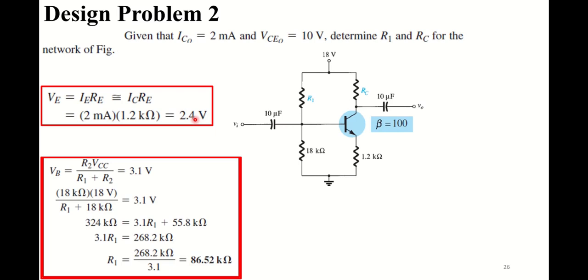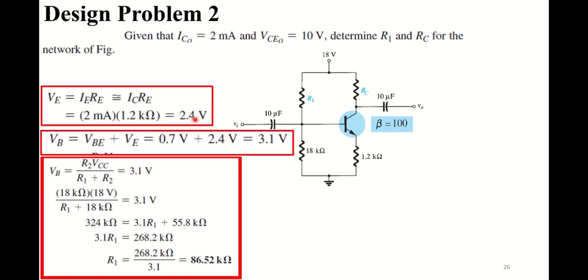After finding the value of VE, we can easily find the value of base voltage VB by using the standard equation of VBE, which is VB minus VE, equal to 0.7 volts. This gives us the value of VB to be equal to 3.1 volts.